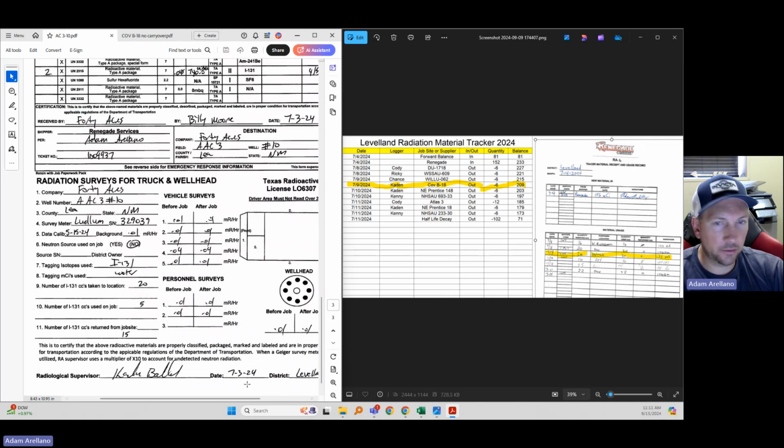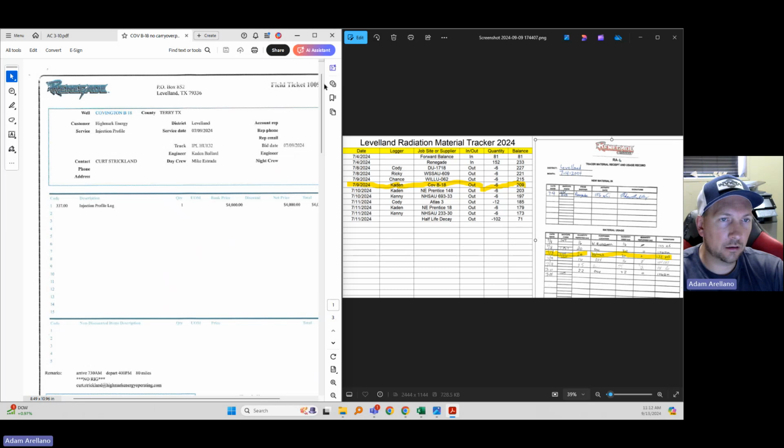So on July 3rd, he had 15 millicurie left over. His next job was on the 9th. So from the 3rd to the 9th is 6 days. So my guess, just off the top of my head, is he should still have 5 millicurie left over from this 15 when he goes out to do that job on the 9th. He also checked out 20 on the 8th. So that 20 will decay out to 18 or 19 plus 5 should be 23, 24.